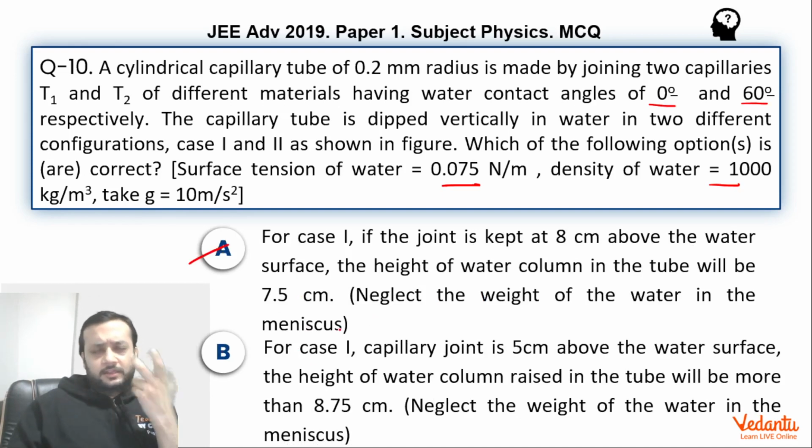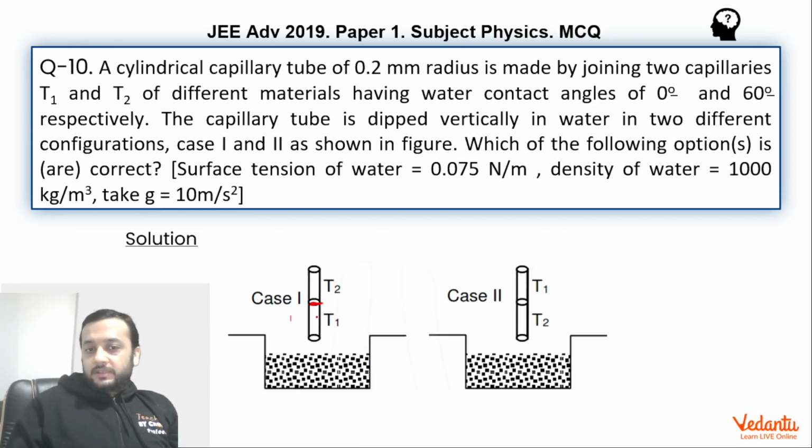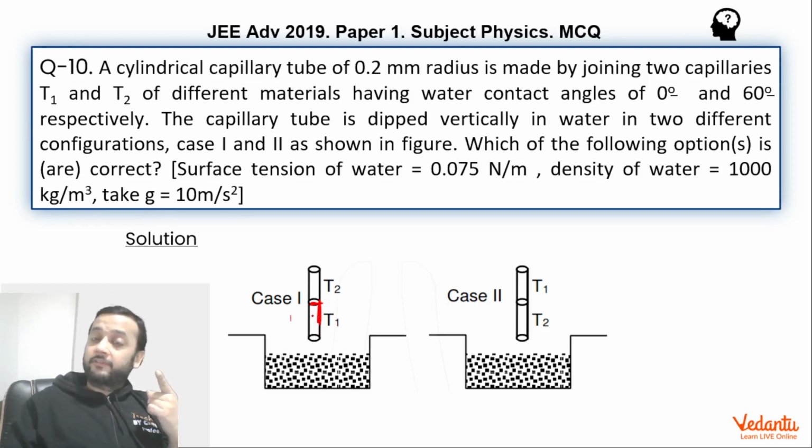And of course, we are ignoring the meniscus, because there's a slight amount of water in the meniscus as well. For case 1, the capillary joint is 5 centimeters above the water surface. The height of the water column raised in the tube will be more than 8.75. Now, in this case, if you're keeping the joint only 5 centimeter above the water surface, water wanted to go up till 7.5, but will it cross this joint?